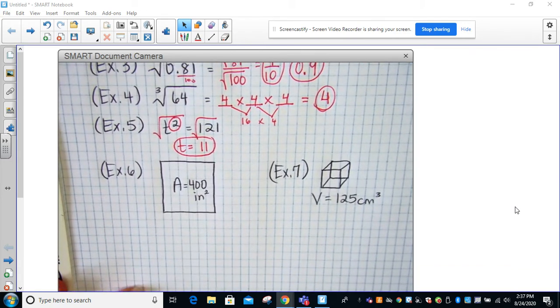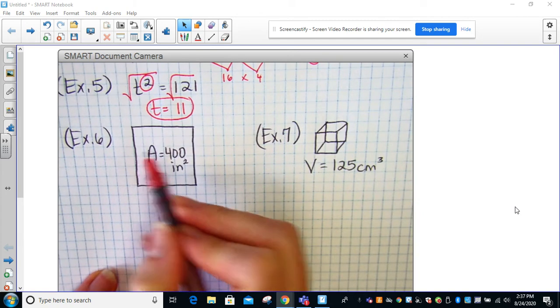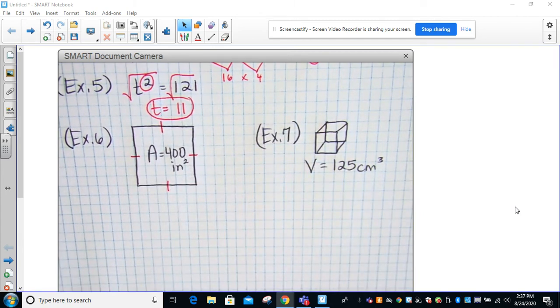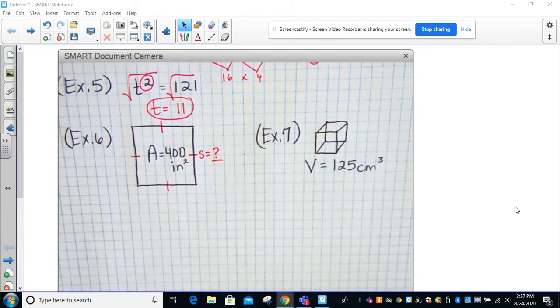Then we have some to do with some shapes. The first one, this is a square. I'm going to go ahead and put marks here to let you know that all 4 of those sides are equal. And I'm going to give you the piece of information that the area of this square is 400. Now I want to know what is the length of each side.